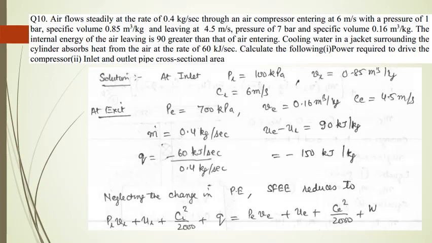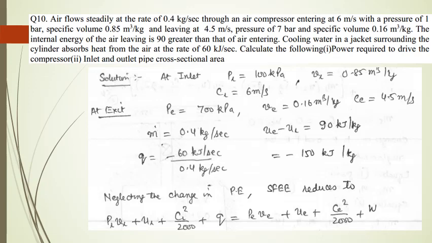The important thing is that it is written cooling water in the jacket surrounding the cylinder absorbs heat. Now cooling water is absorbing, but the air, which is the working substance, is rejecting the heat. So the sign of heat and work are taken in relation with the working substance. If the working substance, that is air, which is flowing in the device, is absorbing heat, the sign has to be taken positive.